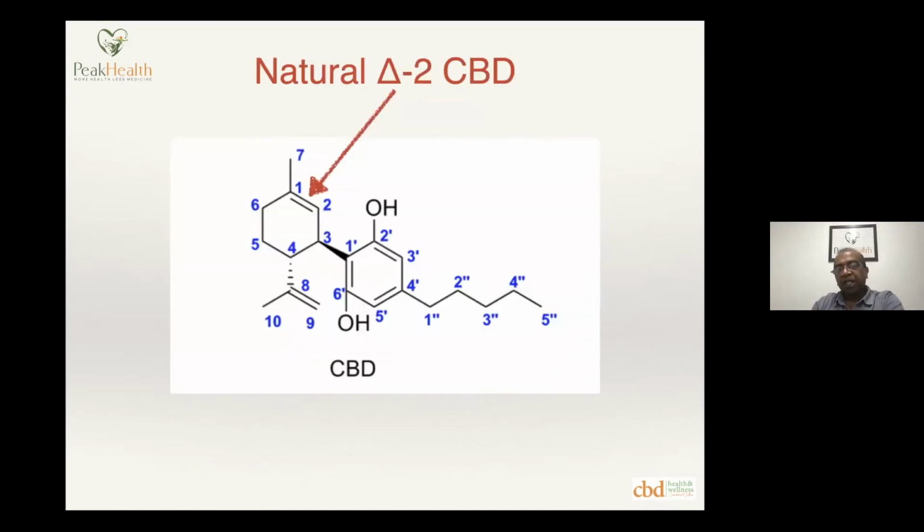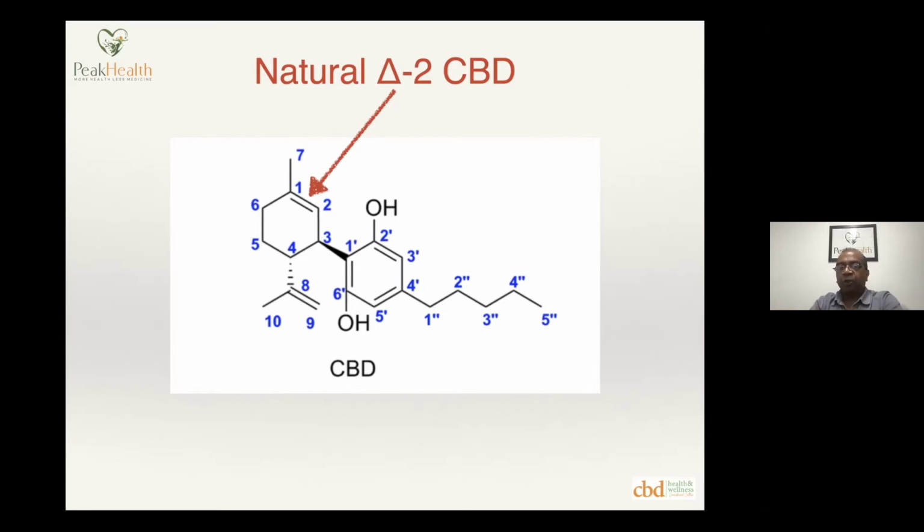Now, when you come to CBD, this is a natural, absolute sacrosanct fact. Any CBD that you get from the natural plant, now, of course, you can bastardize it and not extract it properly, but any CBD that you get from the natural plant has a double bond. I mean, it's isomerism, but most of the time that double bond is in that delta 2 position.